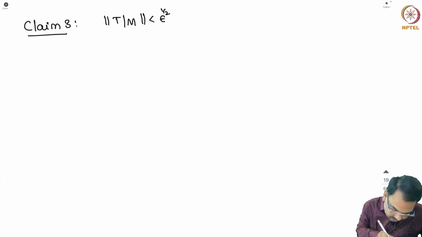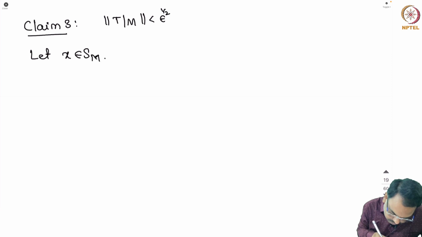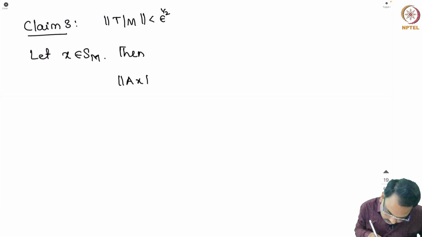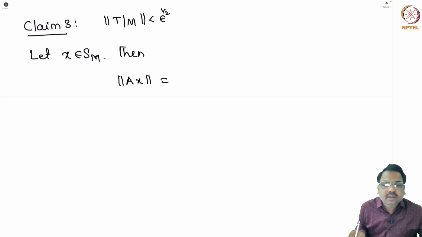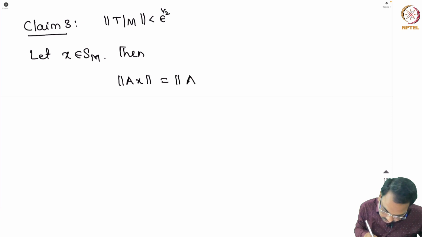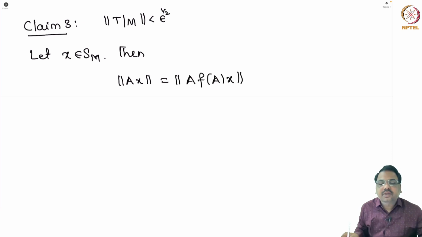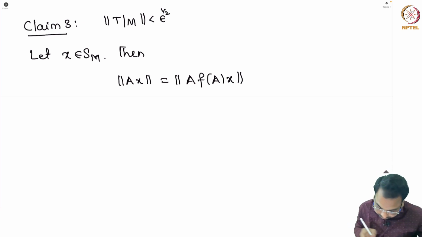So, let us take x coming from the unit sphere of M. Then if you look at norm Ax, it is nothing but norm A f of A x, because when x is coming from M, f of A x equal to x.